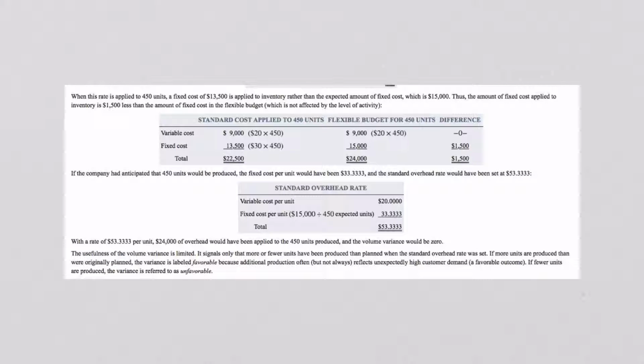This shows the math that I just did, that the flexible budget would have been at that. That would have been the standard overhead rate had we adjusted the budget for the 450 units. And this basically sums up the math we've already done. Now I see the paragraph I'm really looking for: what is the usefulness of the volume variance?